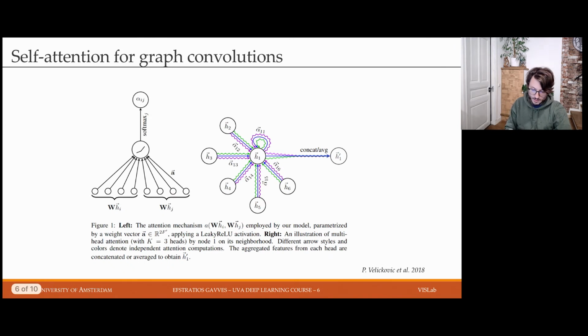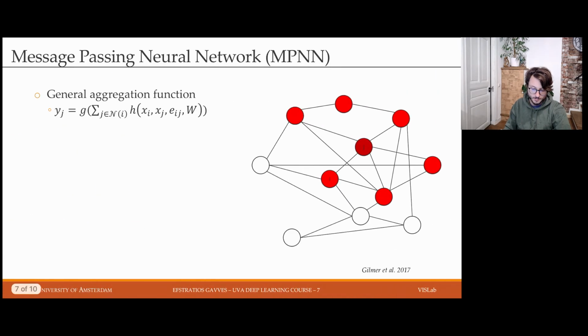And the self-attention for graph convolutions looks very similar to the self-attention as we saw it before. Here we have the features for the pairs of our nodes multiplied by W, and this brings us our final attention value.